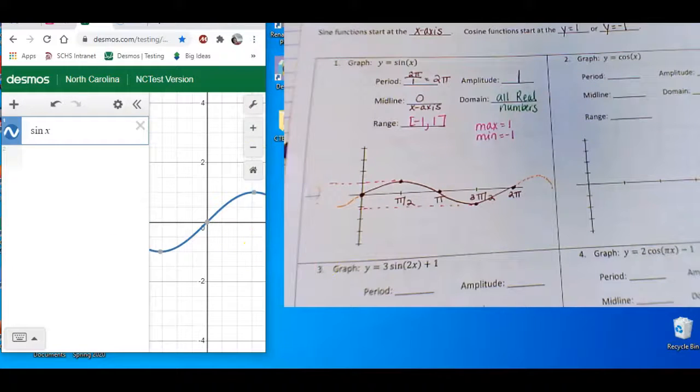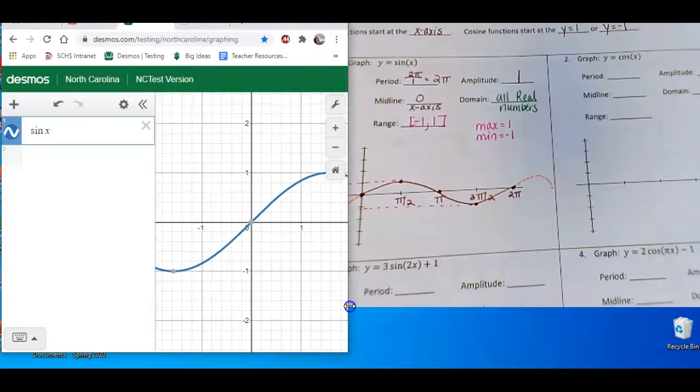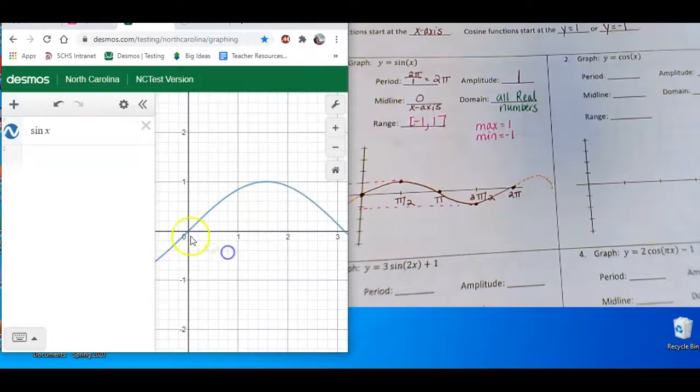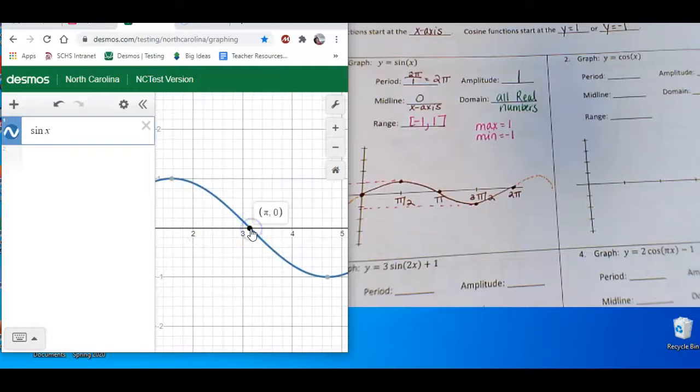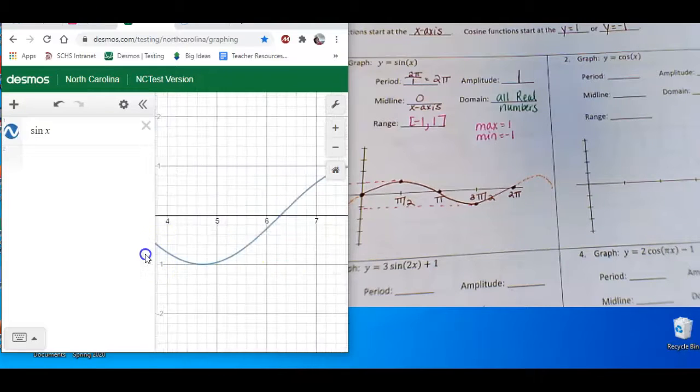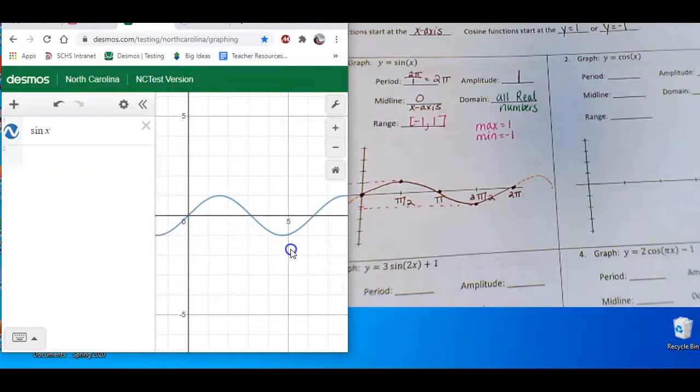And then, let's make that a little bigger. I made it smaller. I didn't mean to. I can see that it starts at 0, it's at pi/2, at pi. And notice they didn't just give me decimals, which is nice. If it's regular pi's, they'll give it to me that way. So see, I could draw it on Desmos. That's perfectly fine. I just want you to see what it looks like without Desmos.